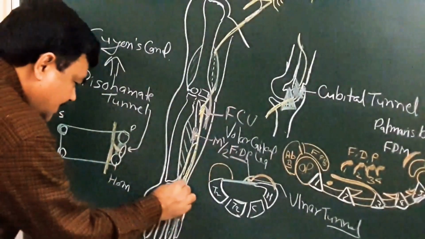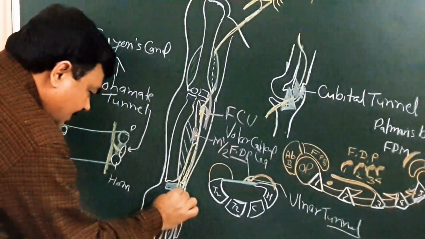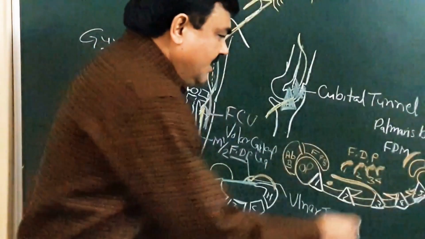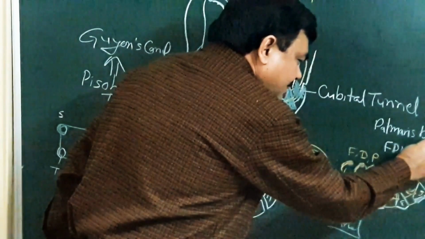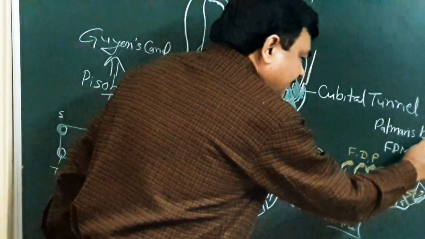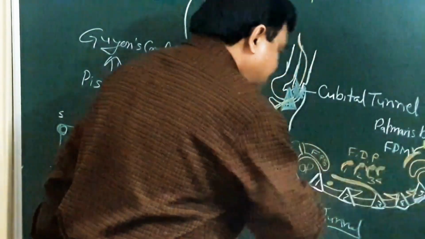This superficial branch gives supply to the palmaris brevis muscle. In this diagram, suppose here is the nerve, it gives a superficial branch. This is the ulnar nerve.